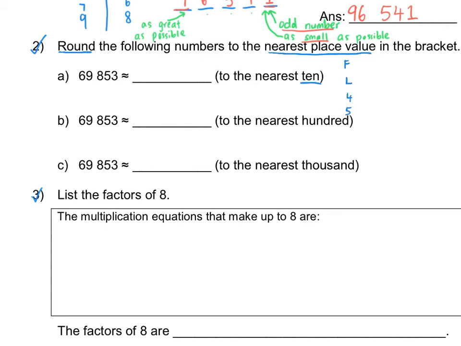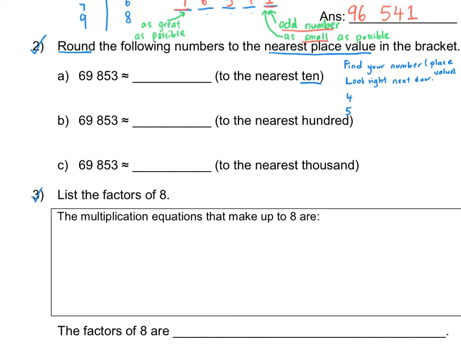F means find your number. And this number that you find depends on the question. Okay, we are looking at the place value. L stands for look right next door.